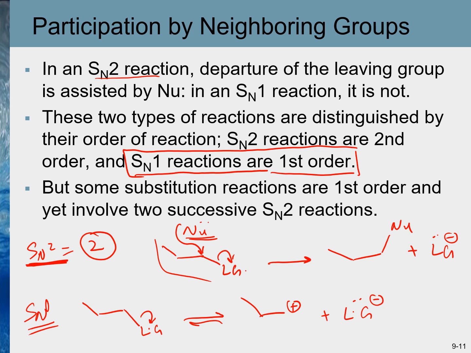And those two steps involve two successive SN2 reactions. So this is a strange and unique phenomenon in which our overall reaction is SN1, but it takes place in two steps involving two successive SN2 reactions.